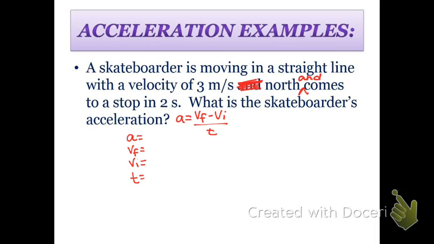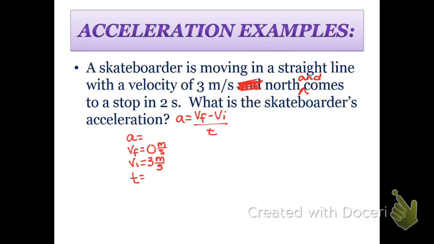Alright, so the key is that they're moving, and then they come to a stop. So they're moving initially at 3 meters per second. Then they come to a stop. So since they started at 3 meters per second and then came to a stop, my initial is 3 and my final is 0.